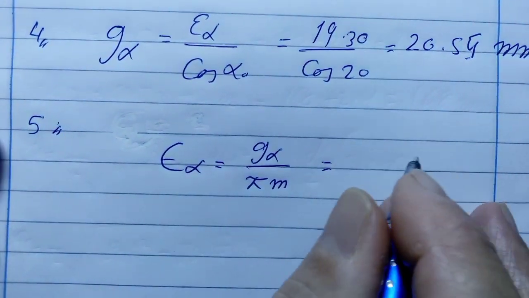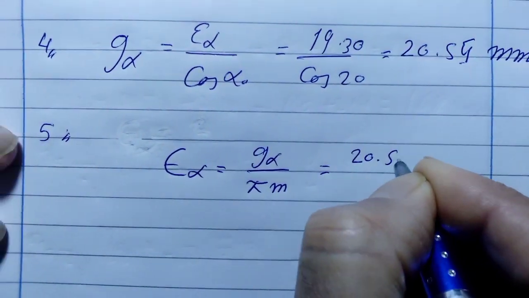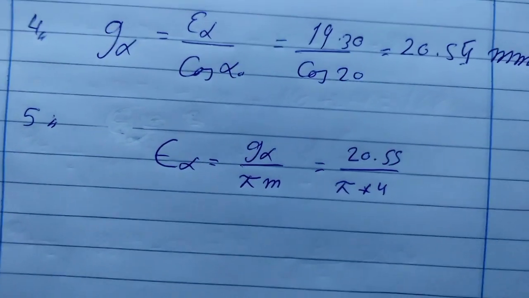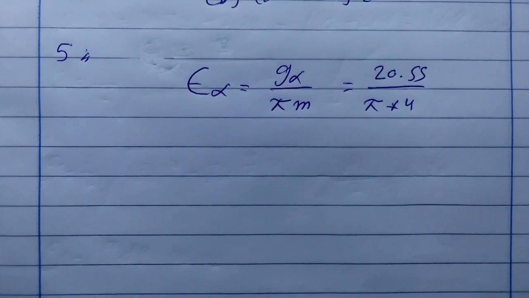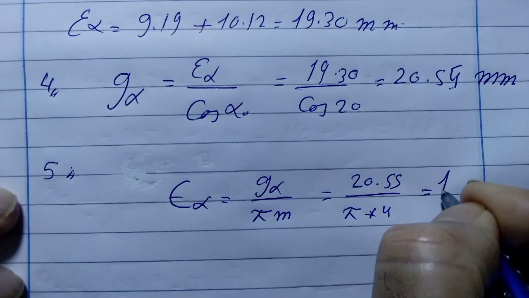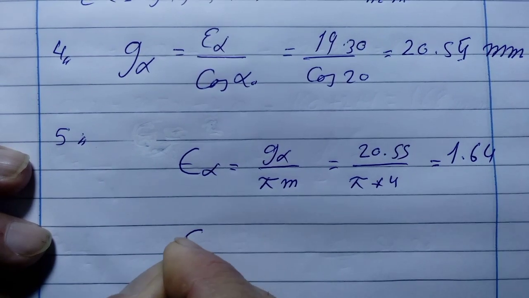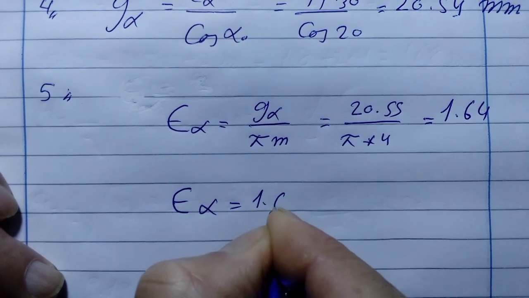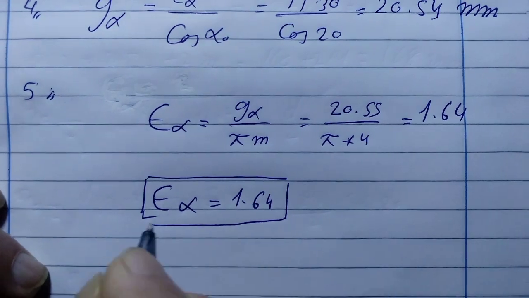So it will be 20.55 divided by pi multiplied by 4, which is 12.56, so it will be 1.64. This is the contact ratio, and the contact ratio, the most important parameter, would be 1.64. Thank you very much.